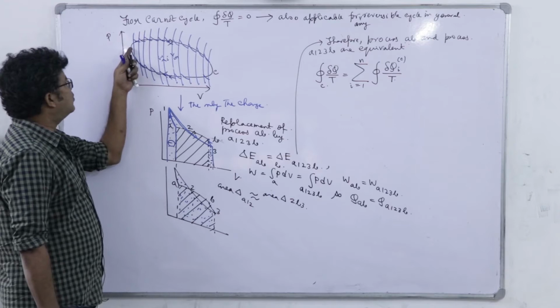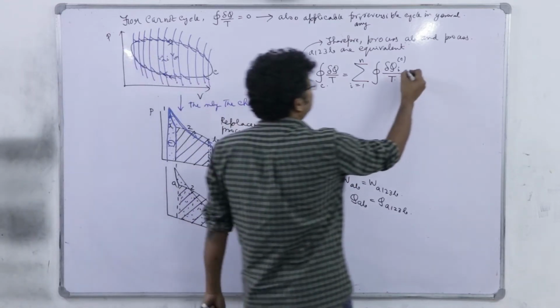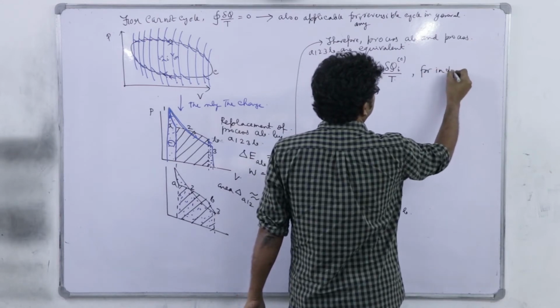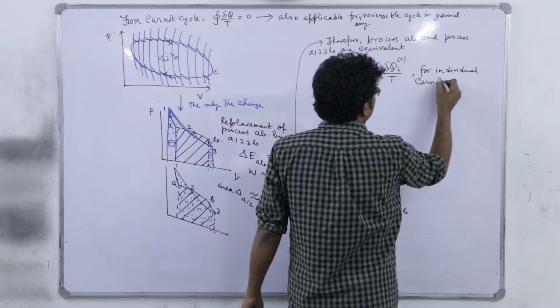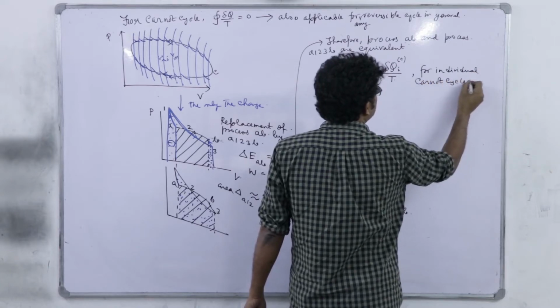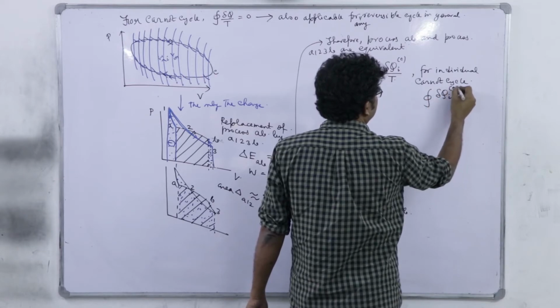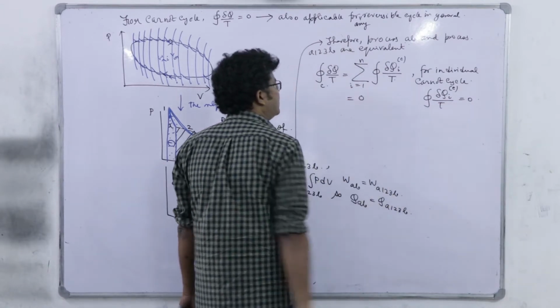From I equal to 1 to n. So essentially we have proved, and for an individual Carnot cycle, the cyclic integral of del Q by T equal to 0. So that reduces to 0.